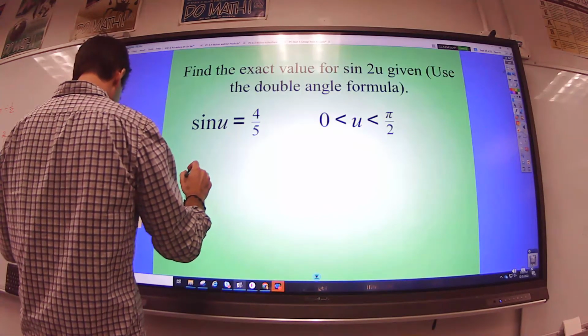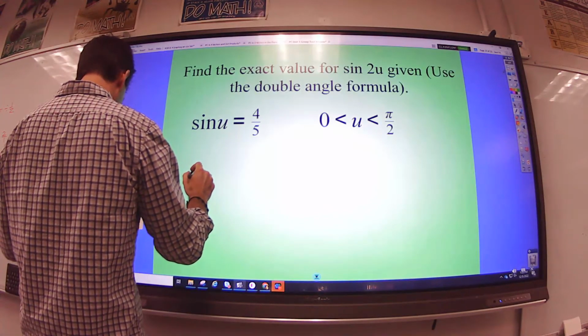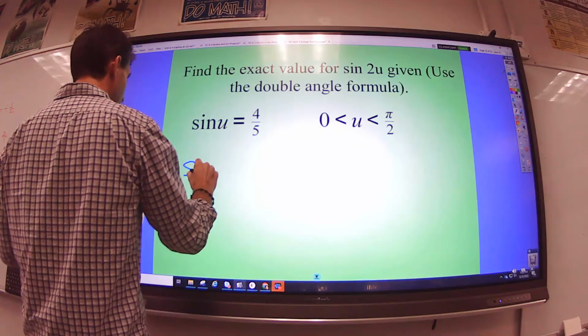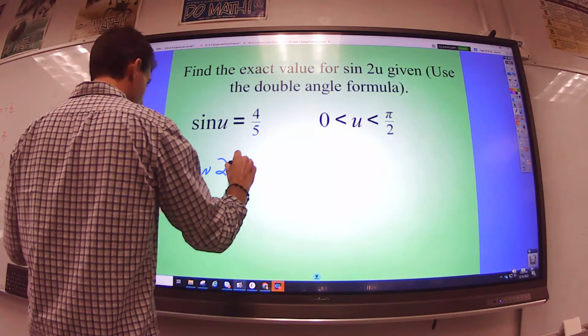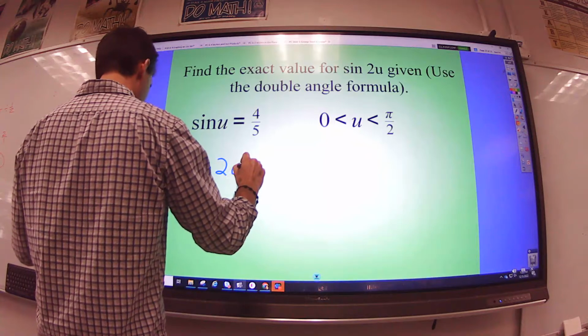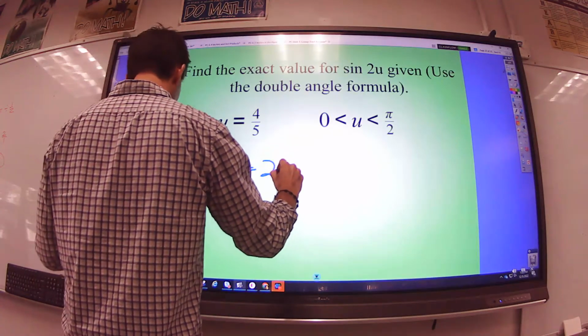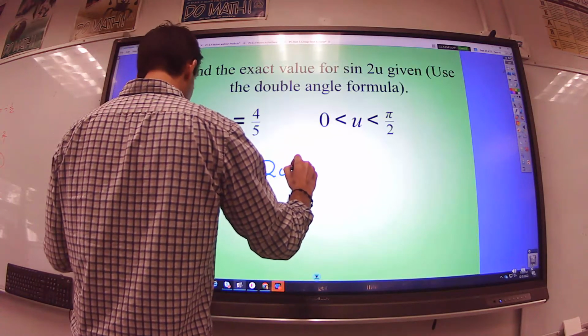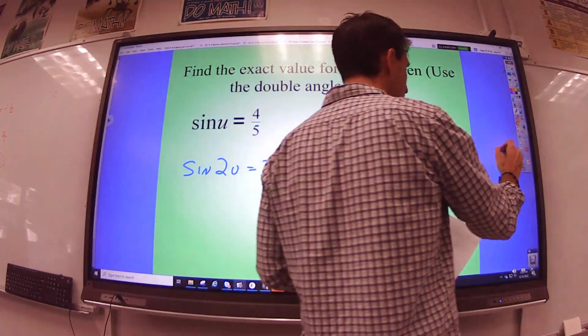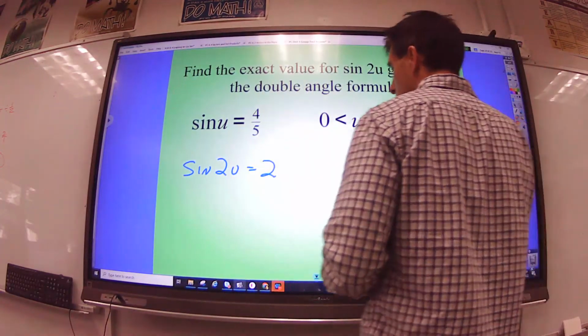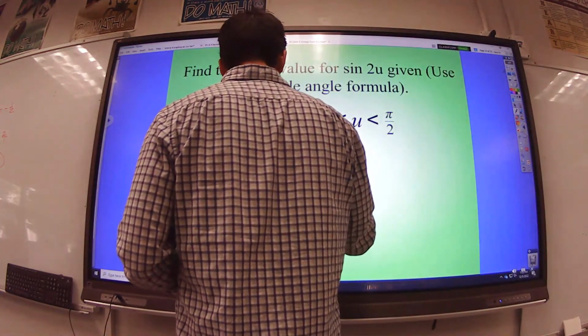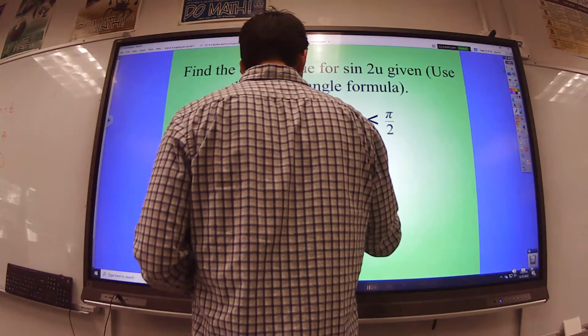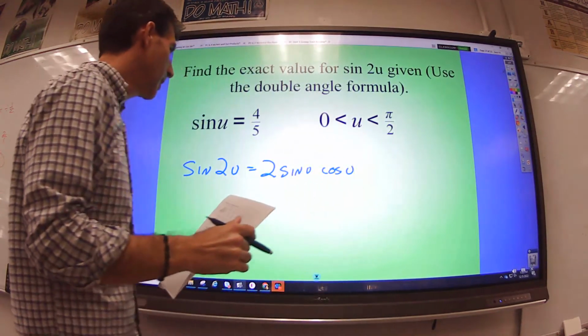Not telling you what. So sine of 2u equals 2 sine u cosine u, right?